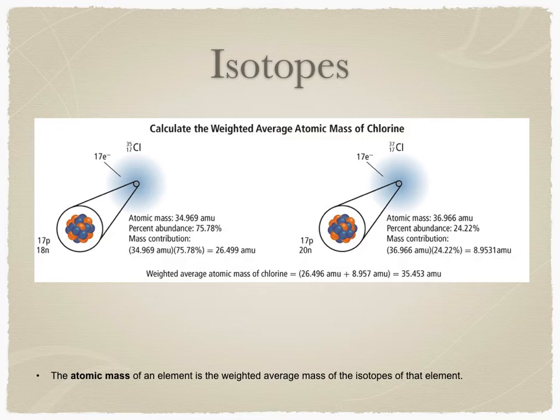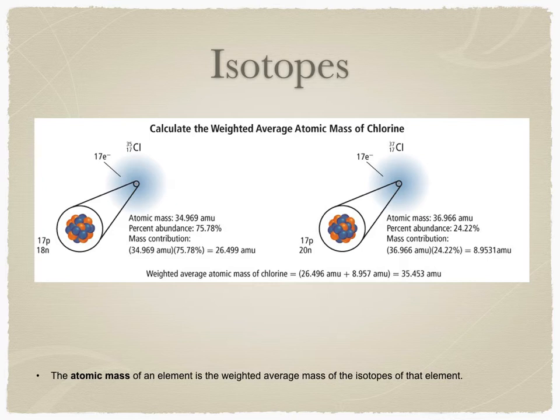Okay. If we did 36.966, the mass of chlorine 37, times 0.2422 or 24.22%, excuse me, we end up with 8.9531 AMUs.